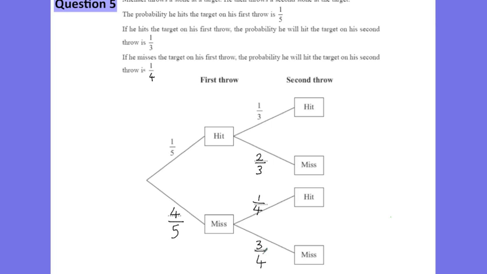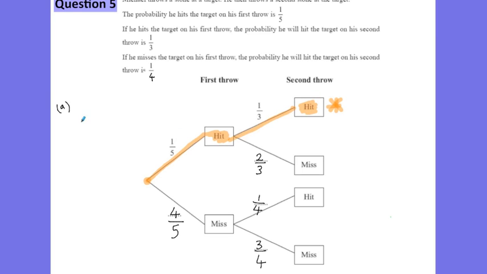Now that we have the tree diagram completed, we're then asked to calculate some probabilities. Our first probability, for A, is to calculate the probability that he hits the target on both throws. So using a highlighter, starting here, hit, hit.